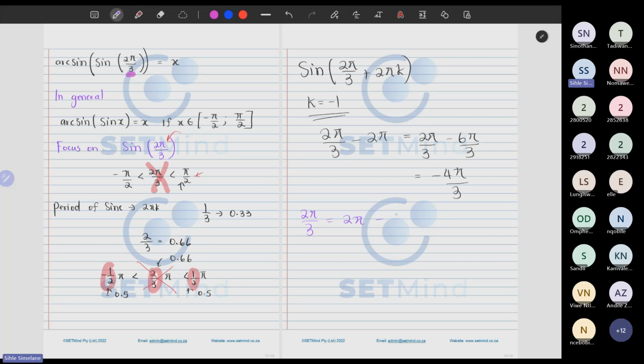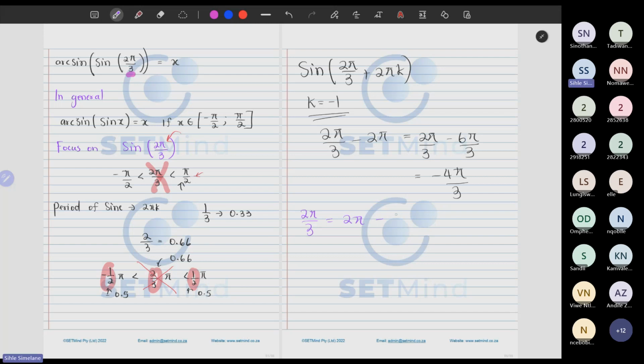How can we make that angle be between negative pi over 2 and positive pi over 2? That's the problem we are facing now. Can we even make it be that? It appears we cannot. Anyone who has a different suggestion?